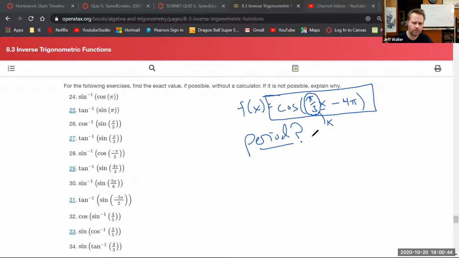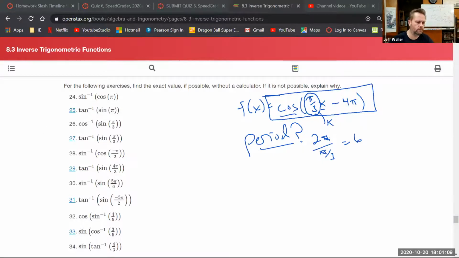Put it under 2 pi. Put it under whatever the period is of the function. So it's cosine. So that period is 2 pi. If it was tangent or cotangent, it would have been pi. And you divide it by that. So here the pi's cancel. 2 divided by 3 is 2 times 3 is 6.